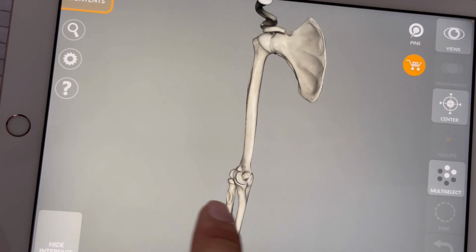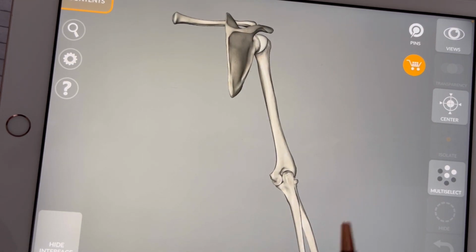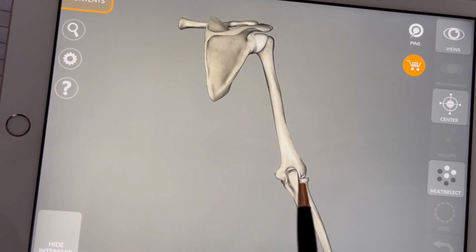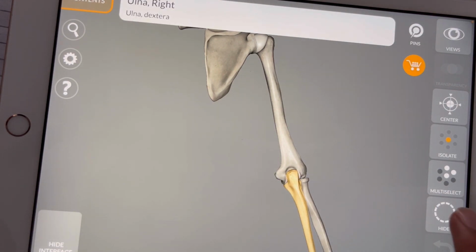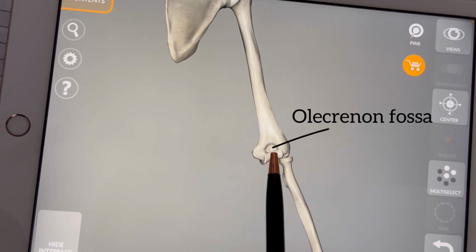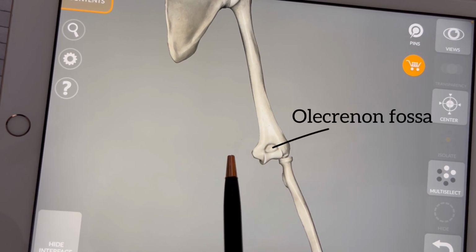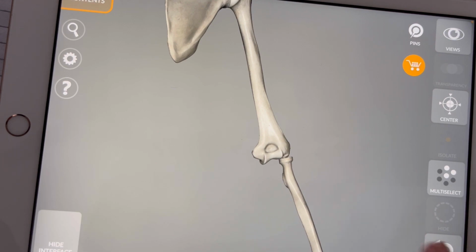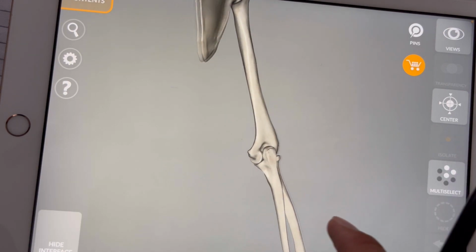We will move posteriorly. This is the olecranon process, and this fossa here is called the olecranon fossa, and the olecranon process of the ulnar bone is fixed into it.